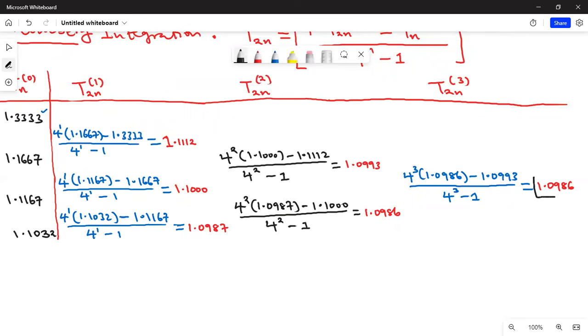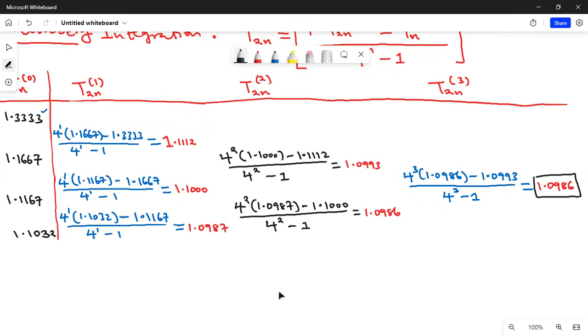It means this is the most accurate result of that approximation, that the integral from 0 to 2 of 1 over 1 plus x dx is approximately equal to 1.0986.